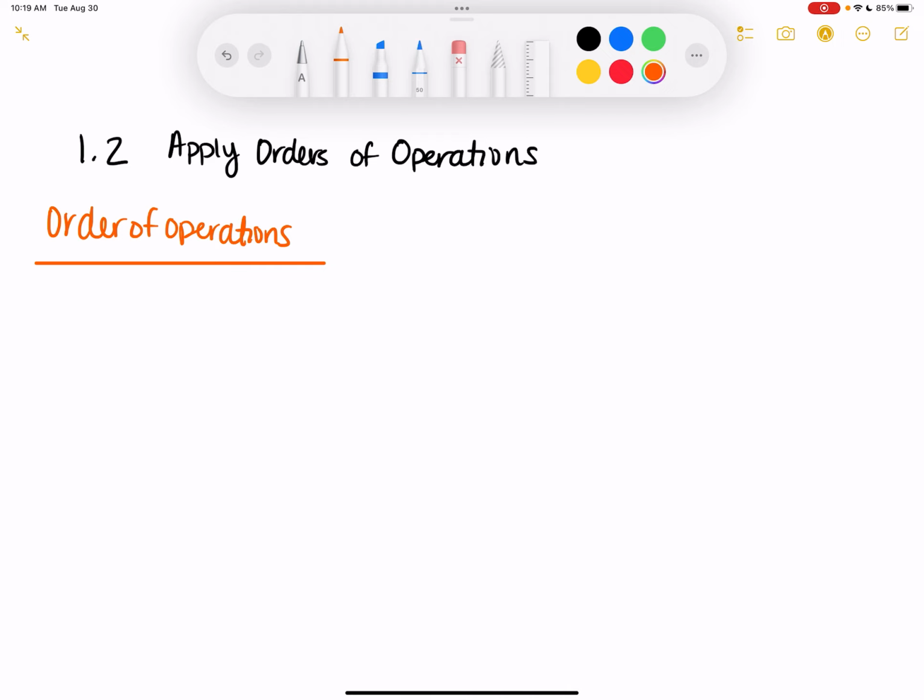So with our order of operations, it's PEMDAS. So the first one is parentheses.